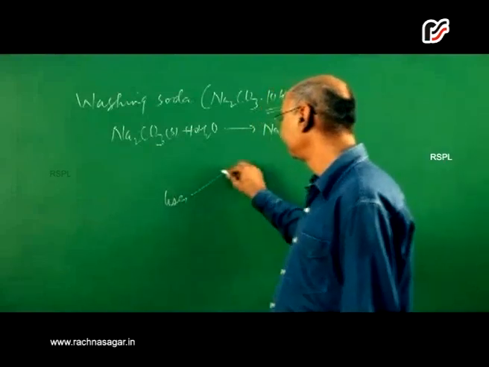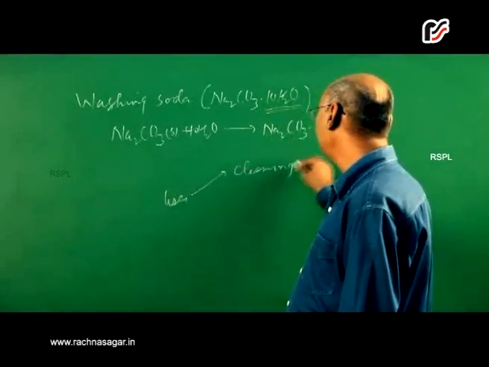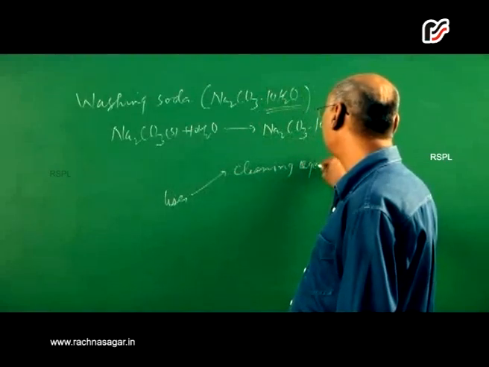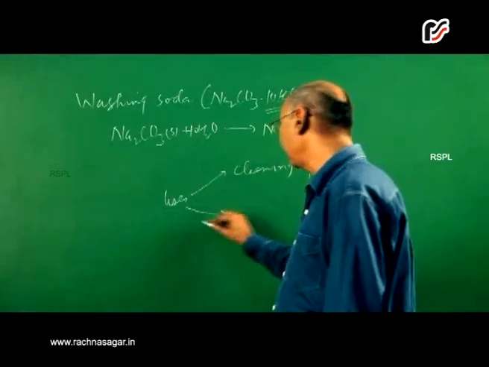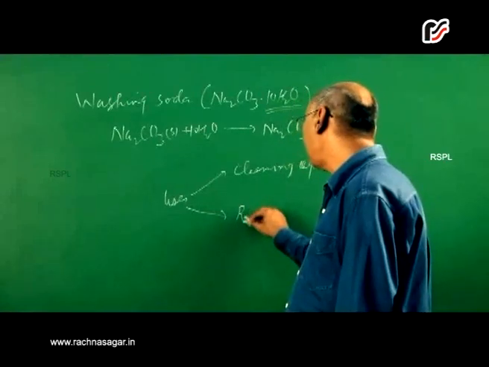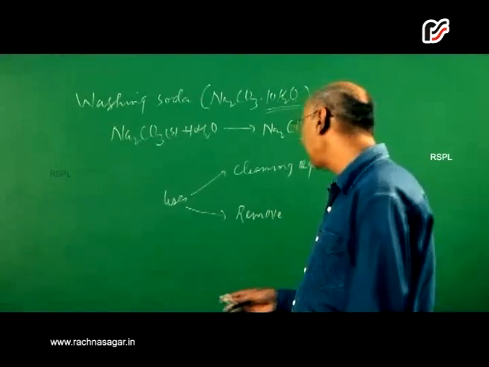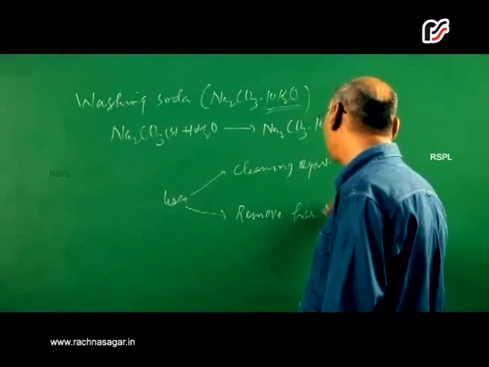It can be used as a cleaning agent. Yes, one of the important uses, it is used as a cleaning agent. What is another use of washing soda? Removal of permanent hardness of water. Yes, it can remove hardness of water. Actually, it can remove both temporary as well as permanent hardness of water.